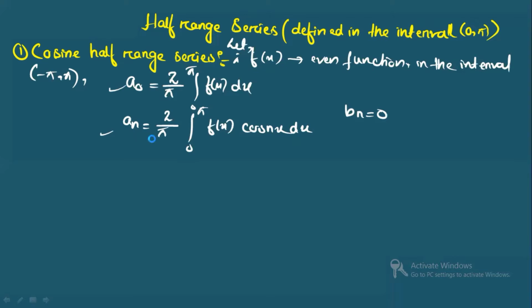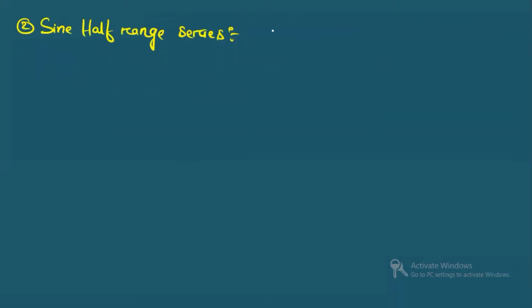Next, we will see the sine half range series. To get it, this time you will take f(x) to be an odd function in the same interval, minus pi to pi.